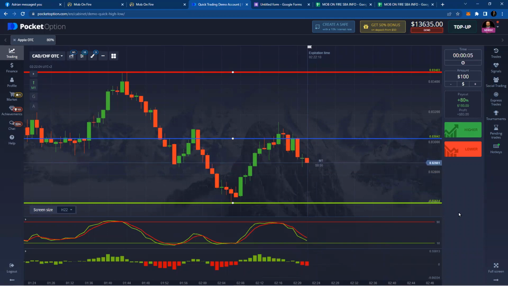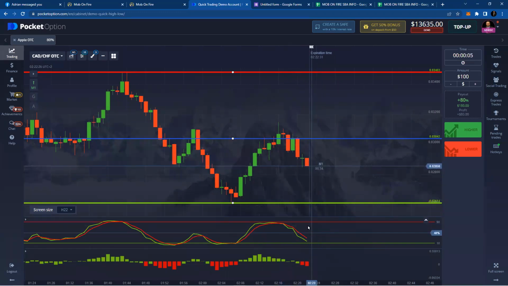Now to explain the strategy, anything that is in this zone at the bottom right here, from the blue line to the green line, you're going to see the price going down most of the time because it's a sale. And how do we know it's going to be a sale?